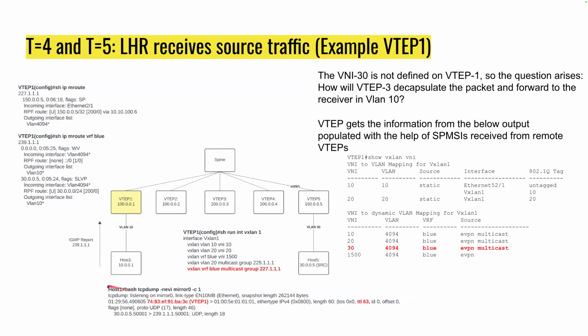And let's say if I take a capture on host 1, let's see how the packet looks. If you see the source MAC of the packet, that is the MAC of VTEP 1, not of host 5 anymore, because the packet is routed on VTEP 1. And if you look at the inner TTL, it is 63.